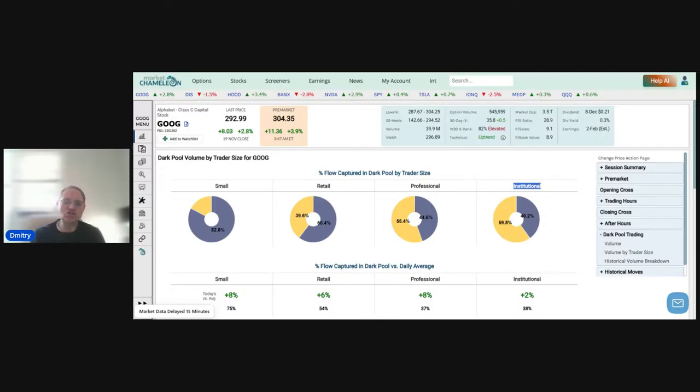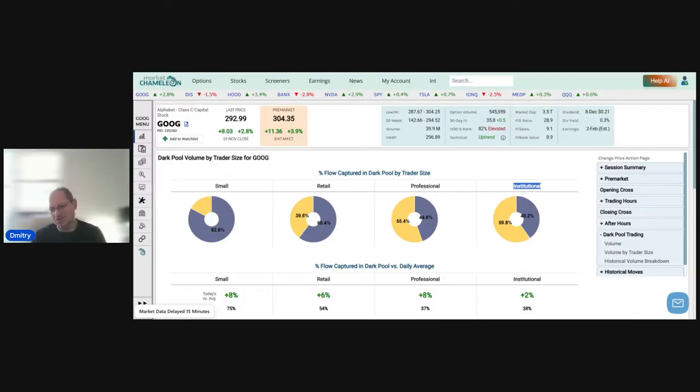So the lit exchange is where you go to access the liquidity that's seen, right? To grab that liquidity that's already resting and available.